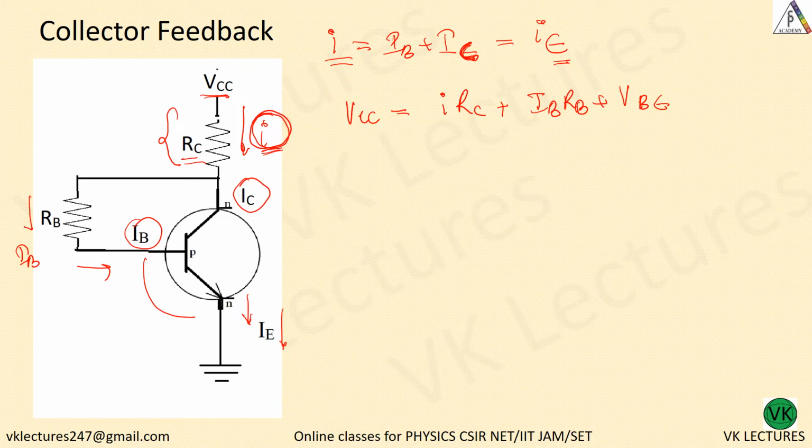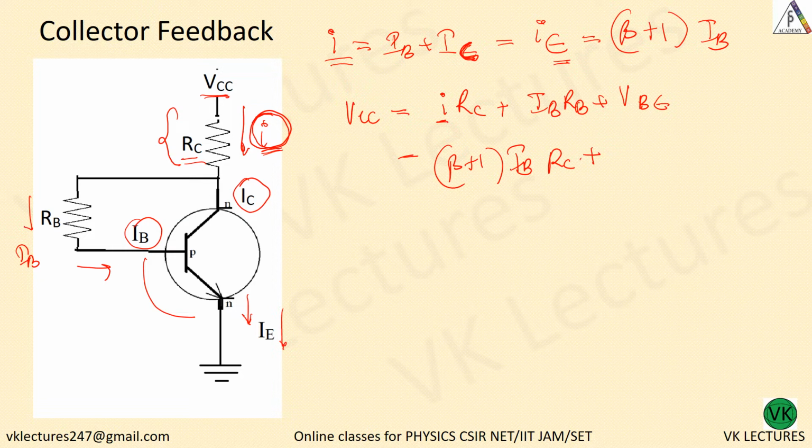Now this particular value I, as I said, I can write it as IE, that is nothing but beta plus 1 into IB. So beta plus 1 into IB into RC plus IBRB plus VBE.